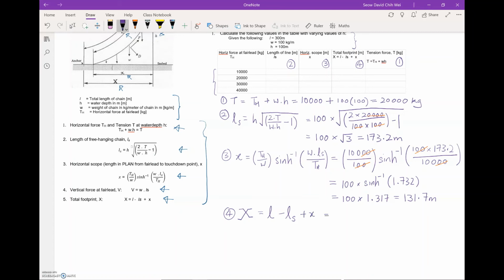The length is given as 300 meters, the free hang chain is calculated as 173.2, and the horizontal scope has been calculated as 131.7 meters, and this gives us the total footprint of 258.5 meters.